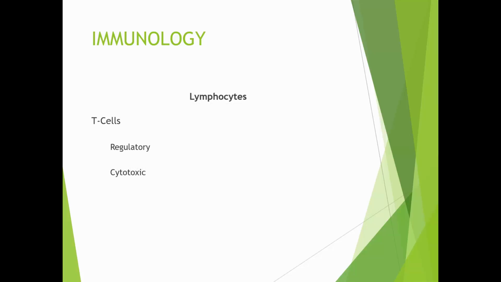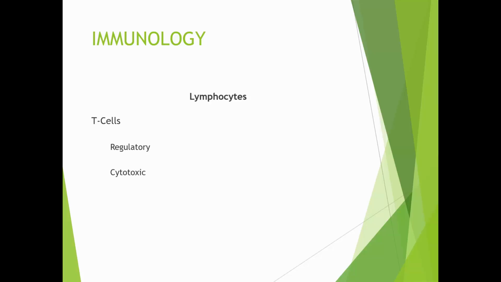Now, just a little bit about lymphocytes. We have two types of T cells. We have regulatory T cells, also known as CD4, that orchestrate the immune system, including helper T cells that activate B cells, other T cells, natural killer cells, and macrophages, whereas suppressor T cells, or CD8s, turn off the system.